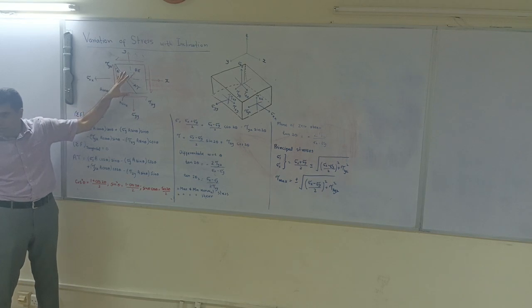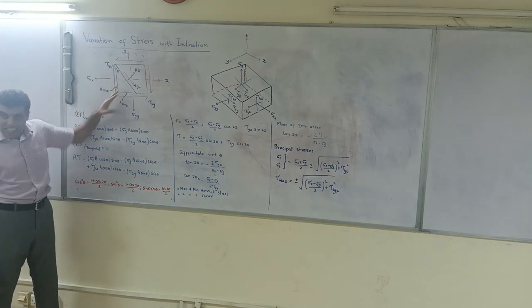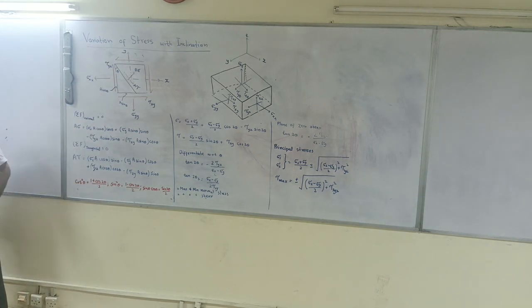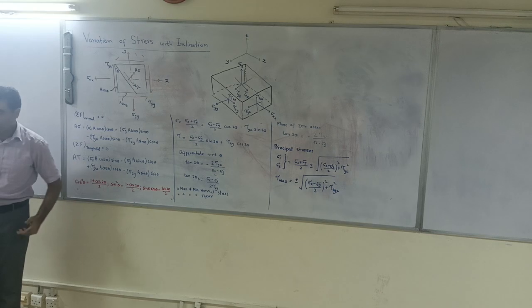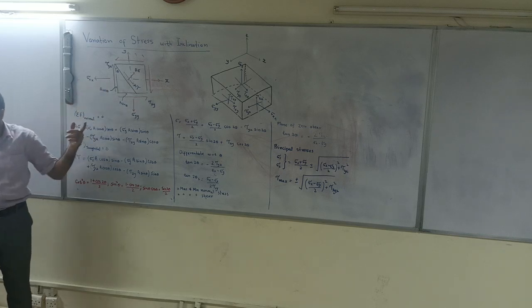The 2D element is brought over here, and now what we want to do is, we know these stresses, and I told you that you can determine them in a lab. From a lab test you can determine the stresses within a particular box.